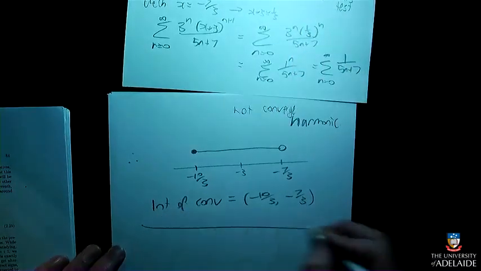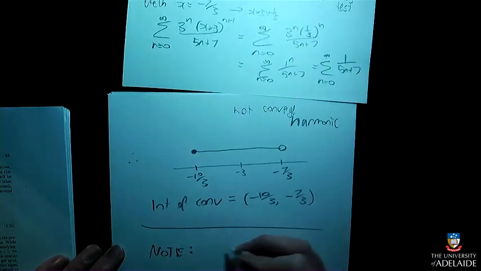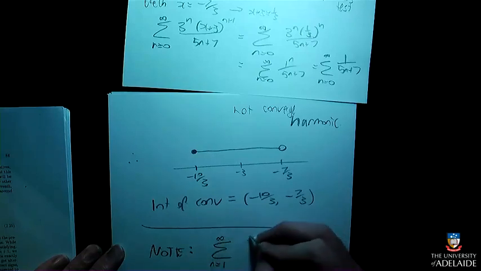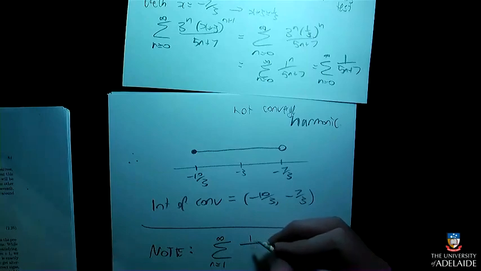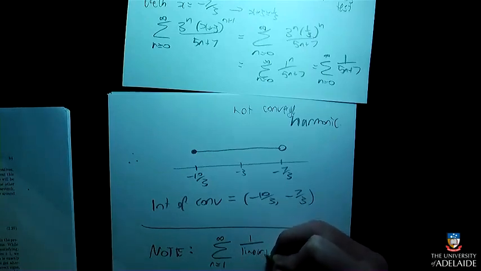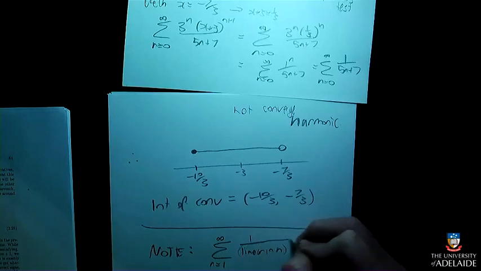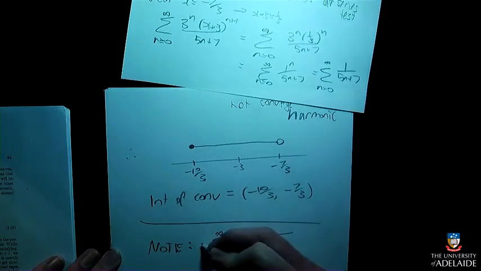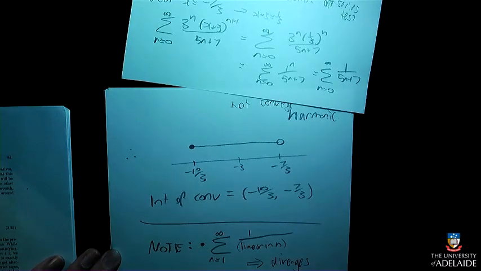So I'm just going to summarize that in the minute that I have left, just to say note. One over linear in n always diverges. And this thing will be equal to 1, and when it's equal to 1 you just don't know, and you just have to look at it. This always diverges, and you're allowed to just say it, and it's called harmonic. But anything like this, it doesn't matter what's on here as long as it goes up when n gets bigger.